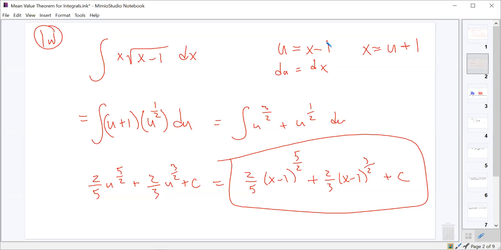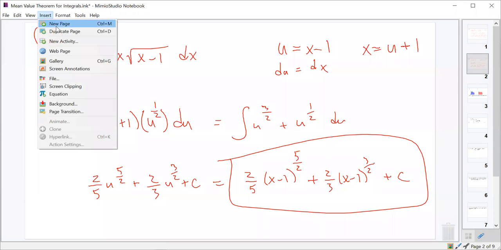Other questions from the homework? Actually, could you show 2f as well? 2f, sure. What is 2f?